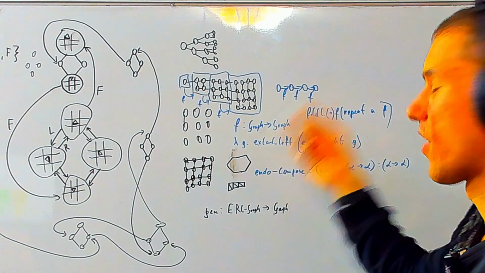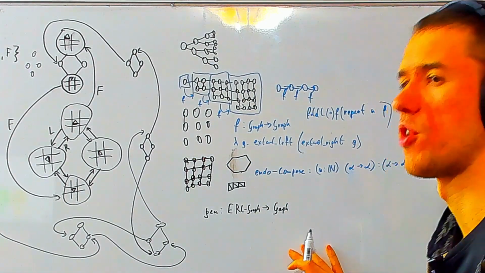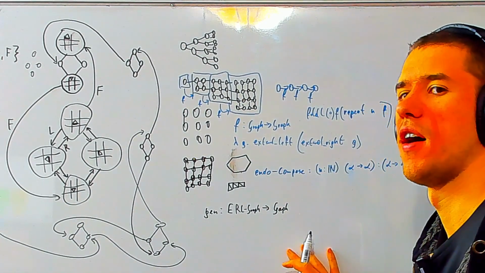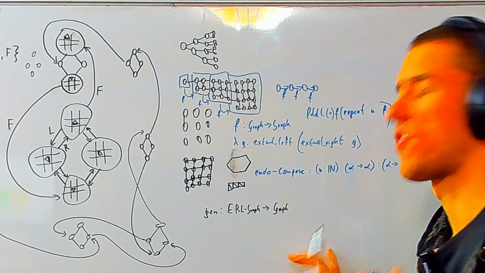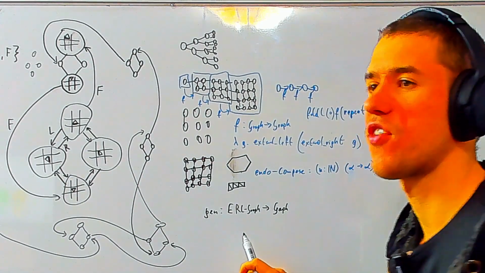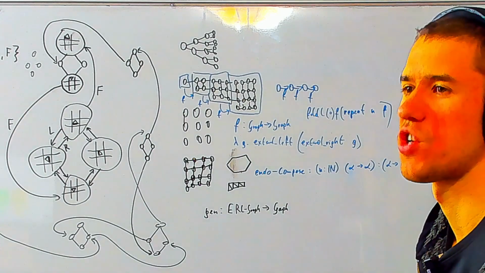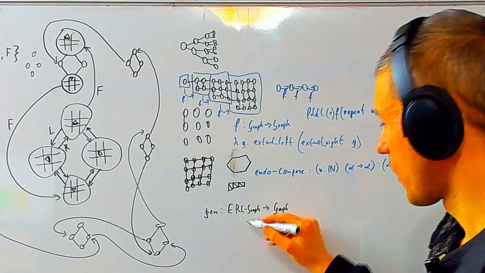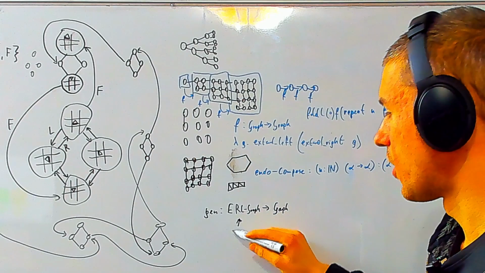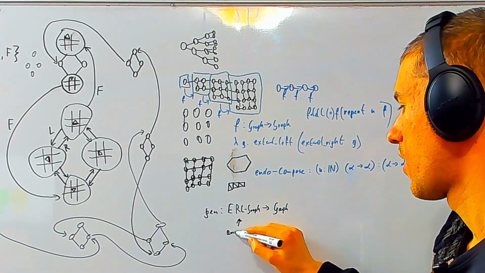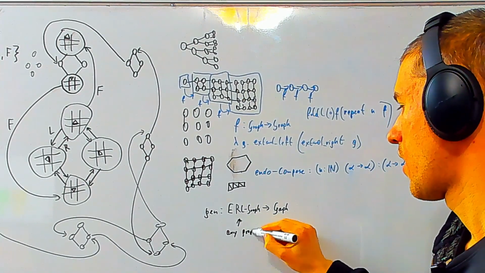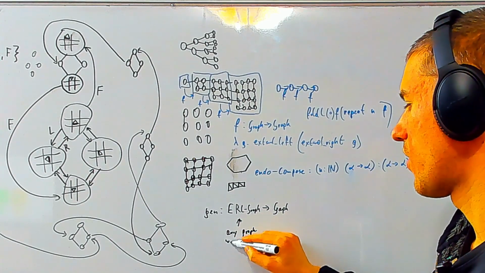It could also be a hexagonal lattice or something. Actually, now I notice it's much more general than I thought again, because this could be any graph, really. Any graph that is nice.